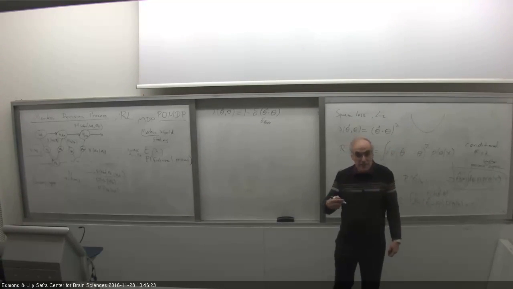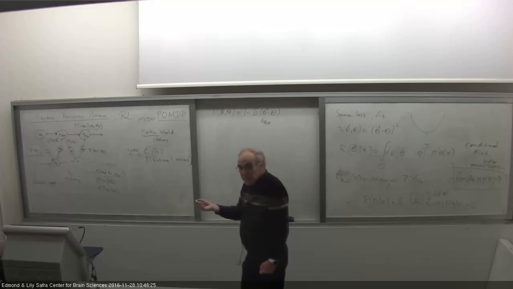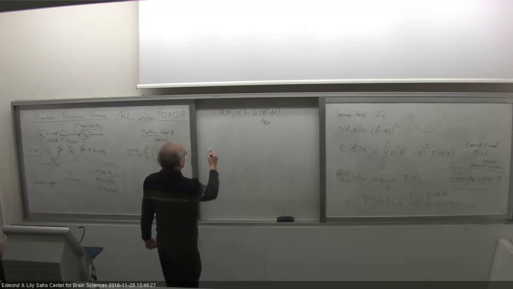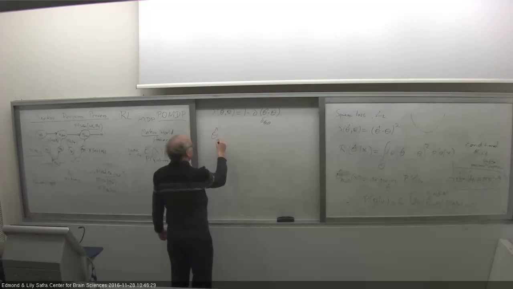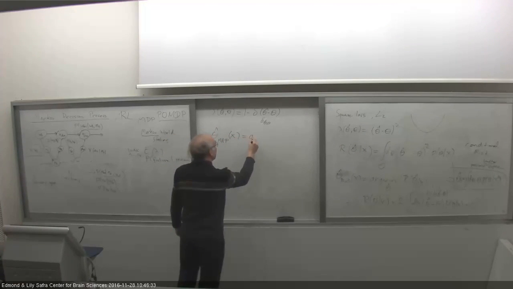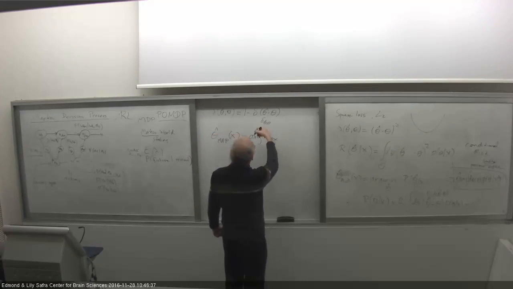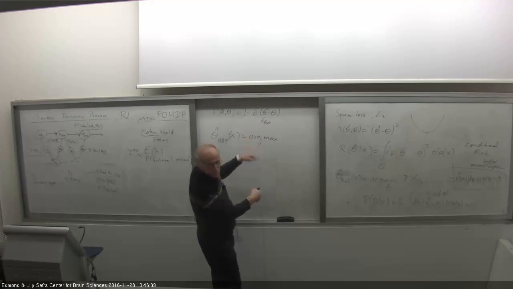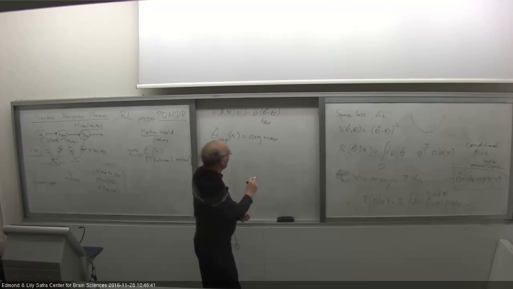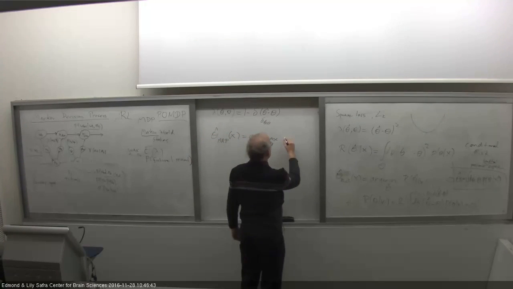But then if I want to minimize the loss, this should be simply what we call the theta estimate, the maximum a posteriori, which is the arg max. I'm sorry, I want to minimize the loss, and because of this minus it is going to turn into a max: the arg max of the posterior probability.